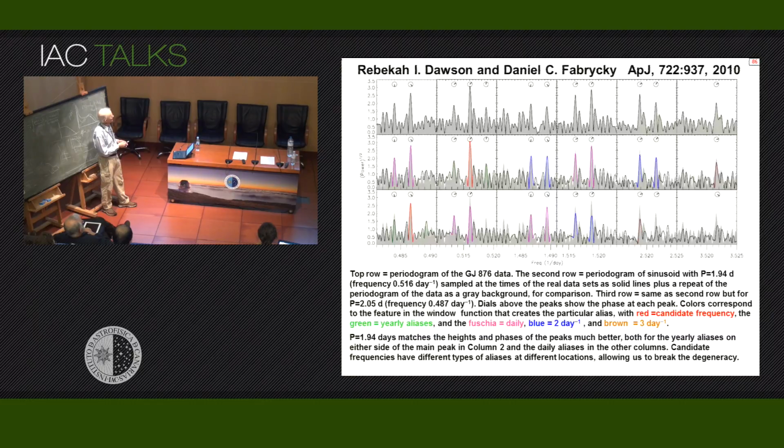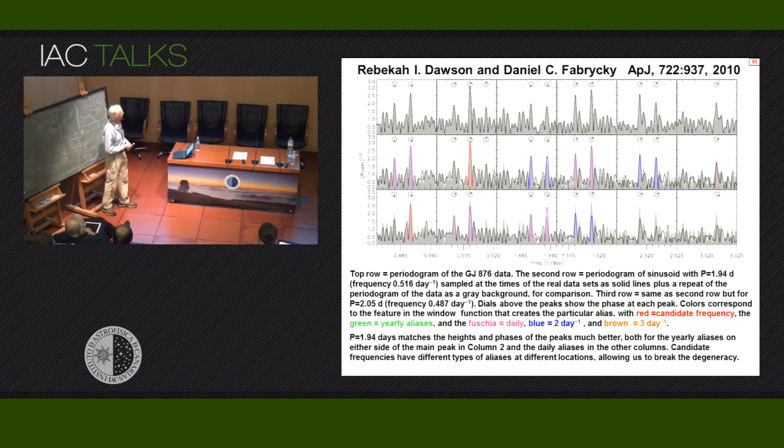And here, this discrepancy is not present. This is a better match here. This is better as well. And this is better here. So they end up concluding on this basis that this is the real signal and this is actually an alias.